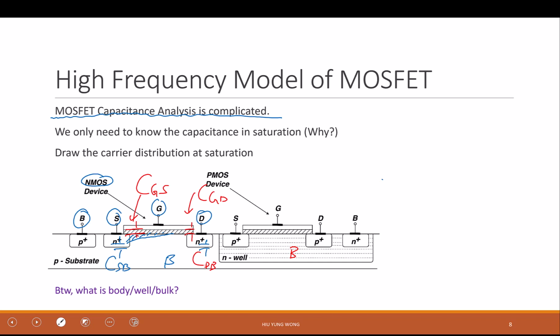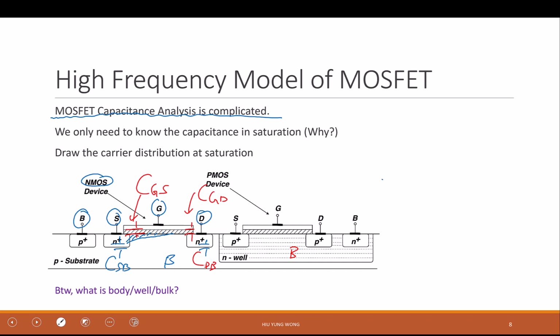And how about in the off state? In the off state, there is nothing here, right? You only have CGB, and a very tiny CGS because there is no conductive plate. This is purely P-type, so you have CGB, and now CGB becomes important.